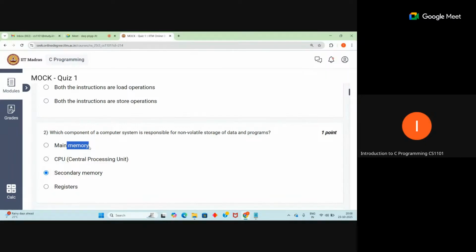Once we terminate the execution of the program, whatever data is stored in your main memory will be lost. When you load another program for execution, the data related to that program will be loaded again into the main memory. So it can retain the data only till the execution of the program ends.